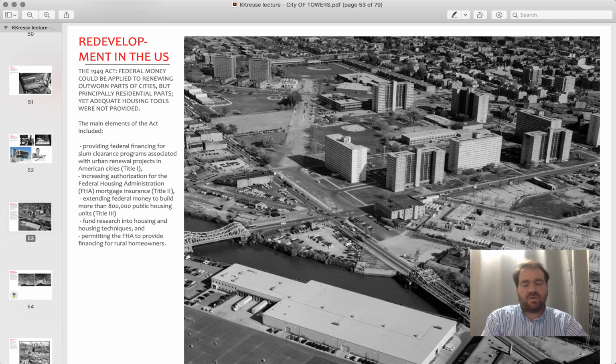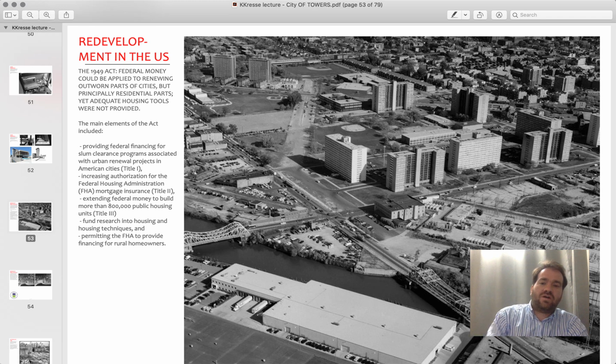You don't have to remember the name of the act, it's just to give you an idea, like 1949. World War II ended in '45, so shortly after, they started with this kind of program, and what they did was that they financed public institutions to stimulate redevelopment projects. There were different ways to do this, like creating an organization similar to the LCC in London.